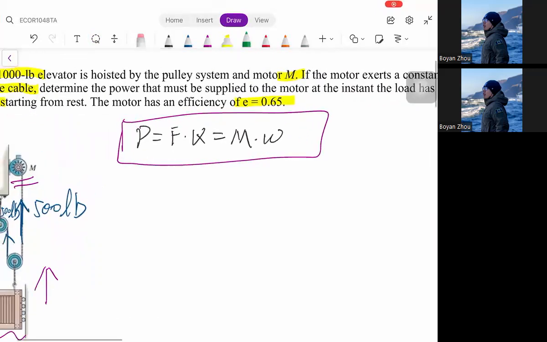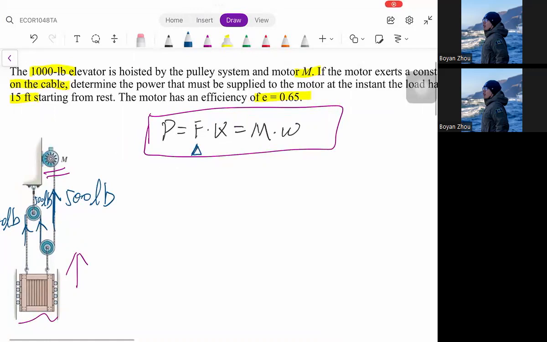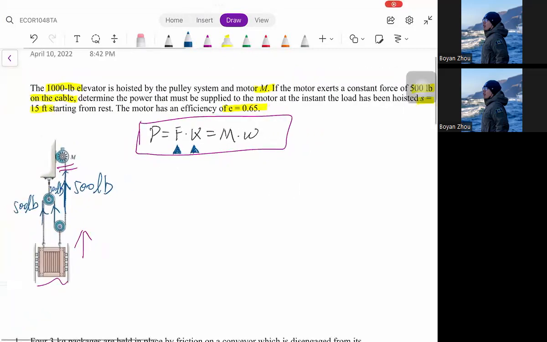From this equation, we can see we have two parameters that need to be determined: the force and the velocity. We need the force on the motor and the velocity on the rope when S is equal to 15 feet. The force is already given, 500 pounds, so the only thing we need to find is the velocity.